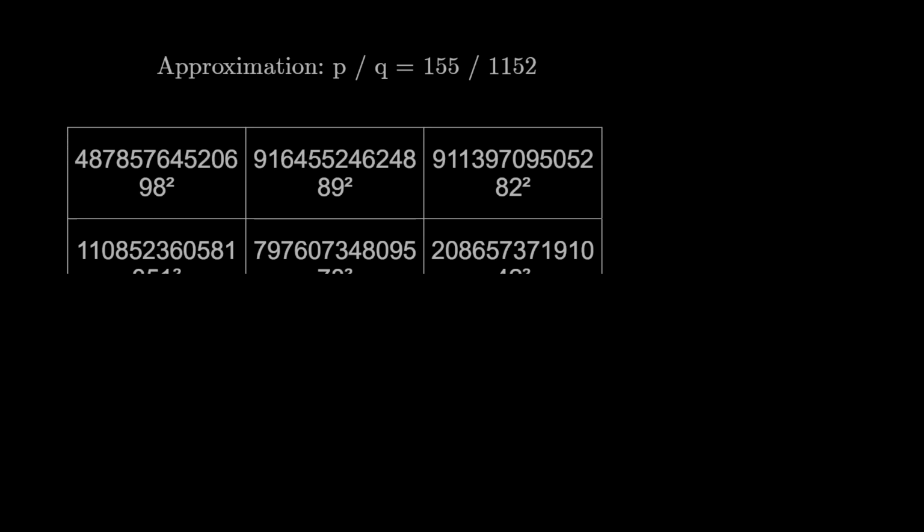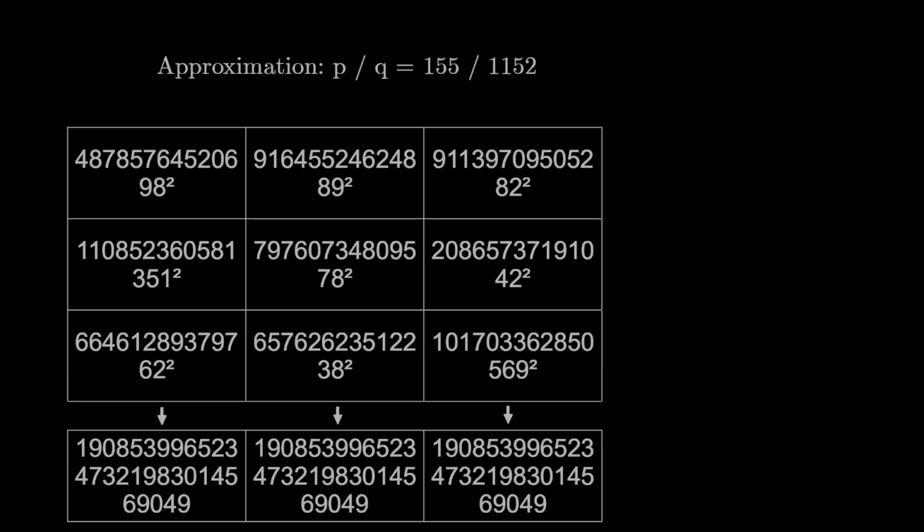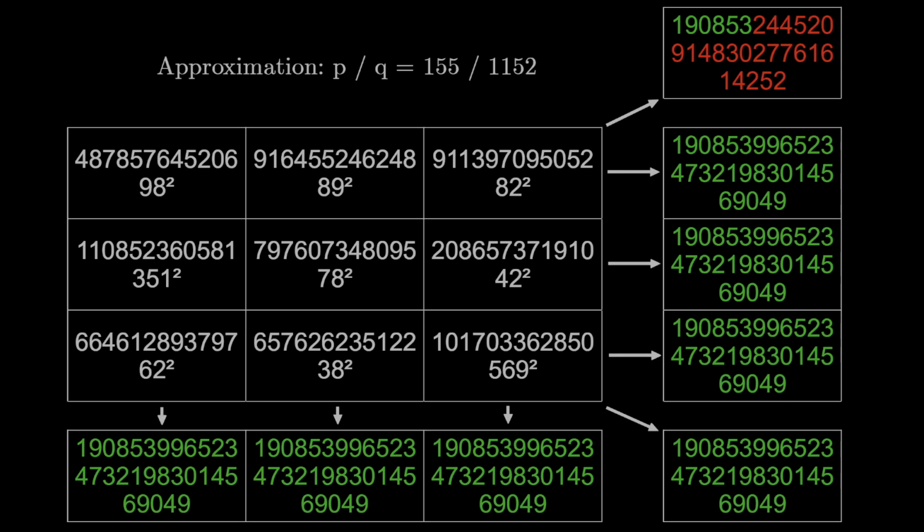And as you can notice, the second diagonal is quite far away from the first one. If we go a bit deeper and take the approximation 155 divided by 1152, then we find this square from which all of the columns, all of the rows, and one diagonal add up to the same number again, but the other diagonal is slightly different.